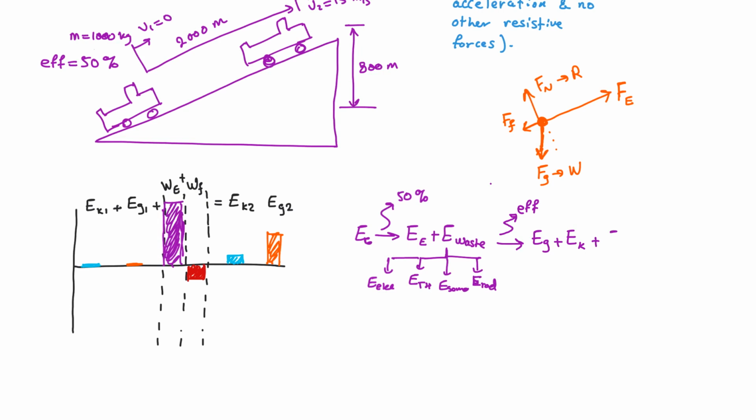And there's going to be some waste energy, and that waste energy is the frictional energy, and that's going to be contributed to thermal. It's going to be contributed to sound, and it's going to be contributed to radiation and other forms as well. So there will be other forms as well because friction always causes different waste energy.